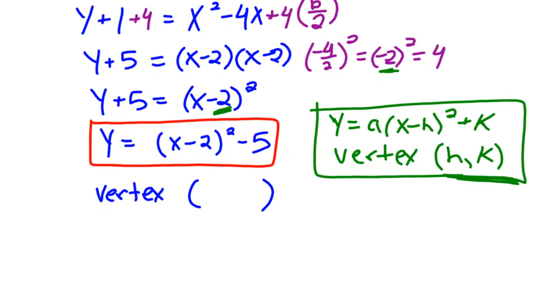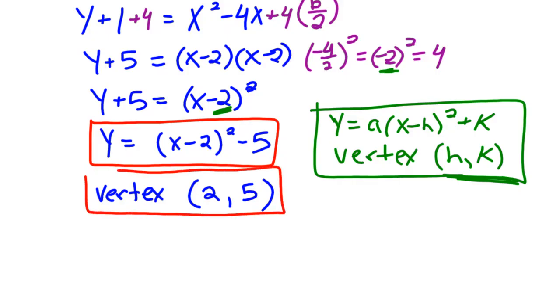You see you have a negative 2 there, so that means that the value of h is a positive 2. So we go from a negative 2, we're going to change the sign, make it a positive 2. And then outside the parentheses, the value of k is 5. And that's our vertex.